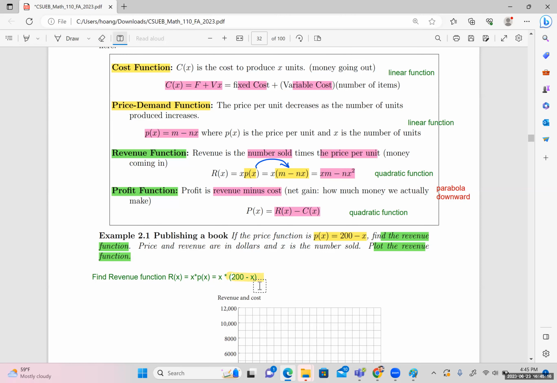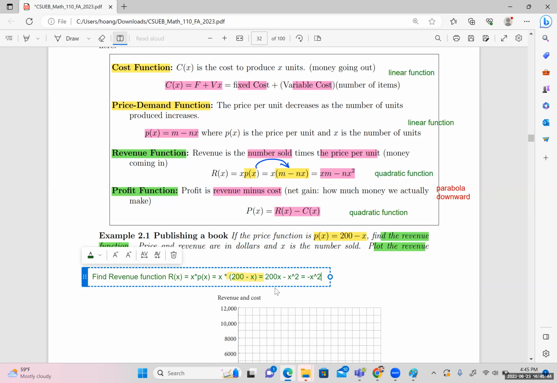Okay, so we have the revenue function in factored form there, or if you want to change it to quadratic form, you should distribute it as 200x minus x squared, or you can write it as negative x squared plus 200x.